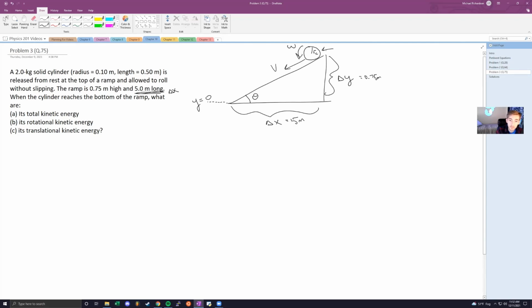But this cylinder right here, it doesn't really do it justice to see that it actually is a cylinder.